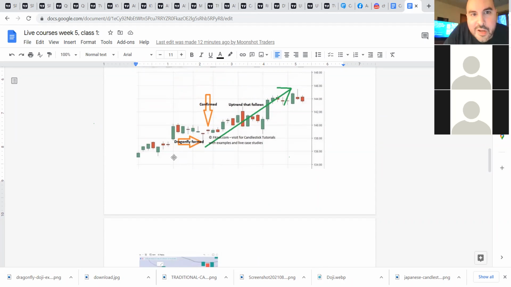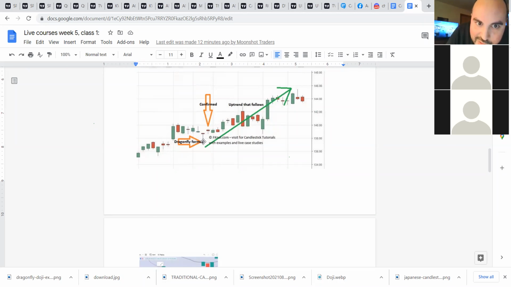Okay, so this kind of shows it playing out. So here's your Dragonfly, that plays out. You're kind of going sideways here. We're not really in a downtrend, we're not really in an uptrend, but we are sideways. But that still tells you the same thing, right?